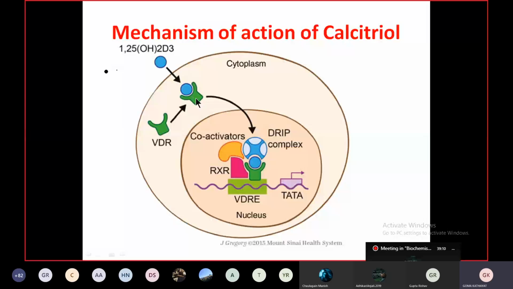Once formed, it enters the nucleus, where it forms a heterodimer with the retinoid X receptor, and both bind with the vitamin D response element. VDRE means vitamin D response element.